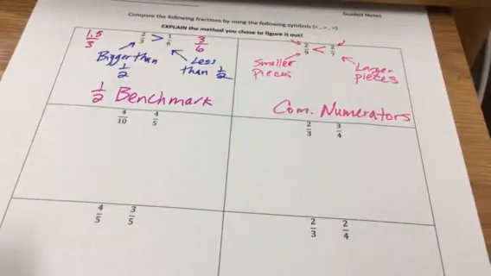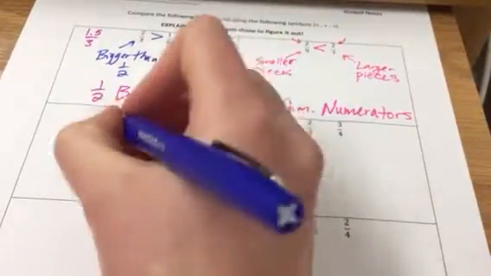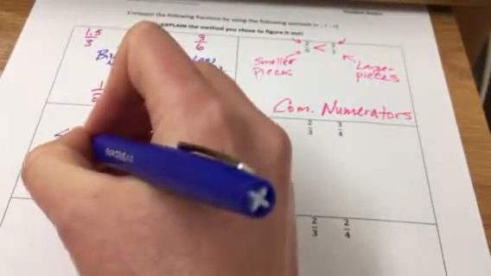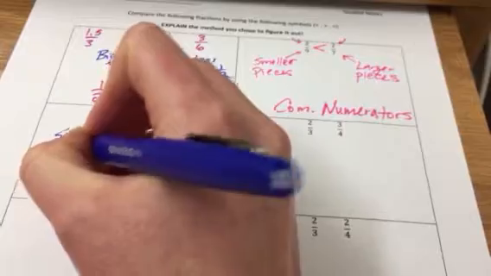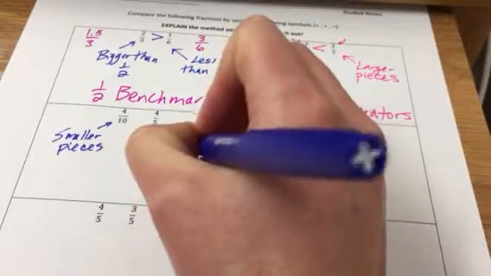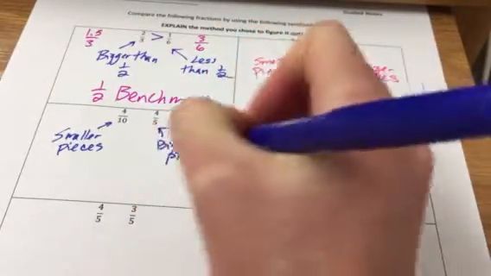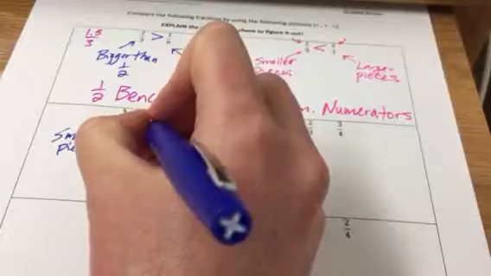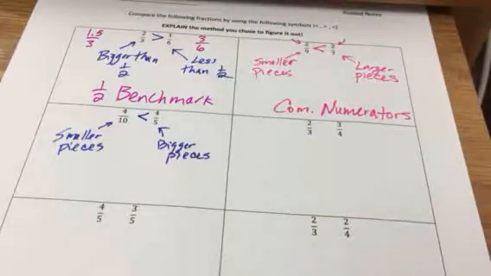4/10 and 4/5. Okay, again, I'm seeing common numerators. Tenths are smaller pieces than fifths. So these are bigger pieces. So we know that 4 of the bigger pieces will be bigger, so that's common numerators.